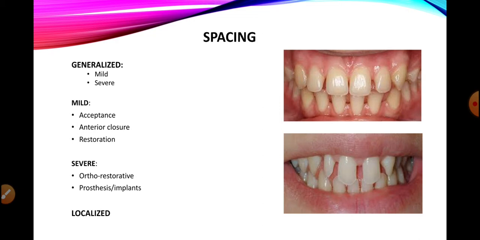Therefore, generalized spacing usually is rare, but can be seen in cases of hypodontia, small teeth or arch length discrepancies. Generalized spacing is further divided into mild and severe, and the treatment options and possibilities are variable in mild and severe generalized spacing.